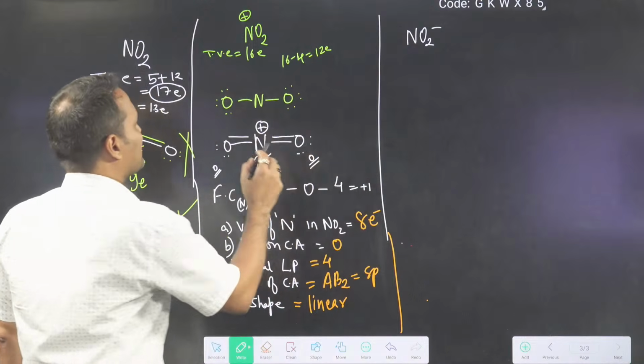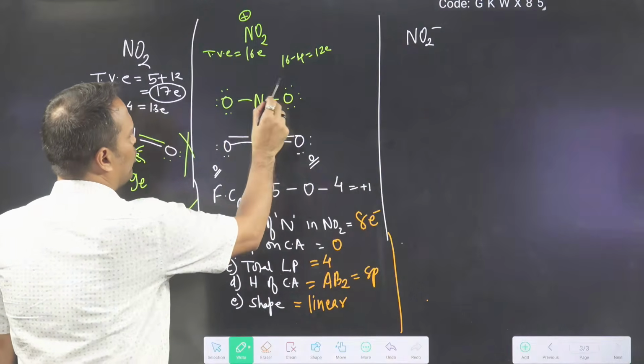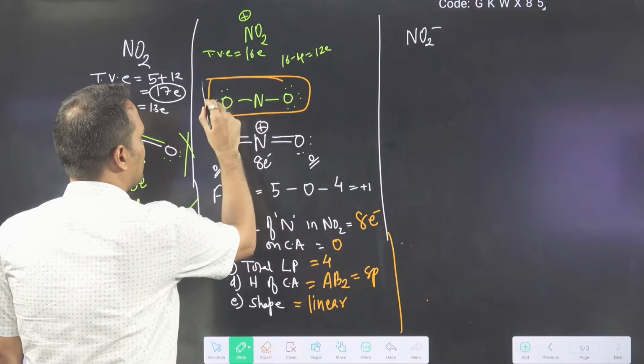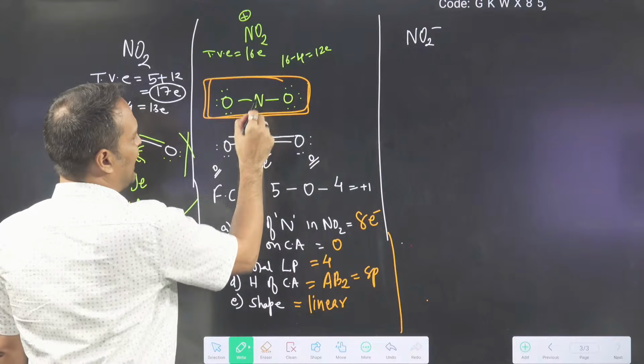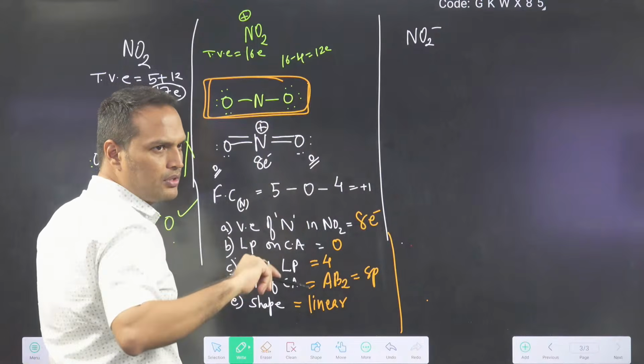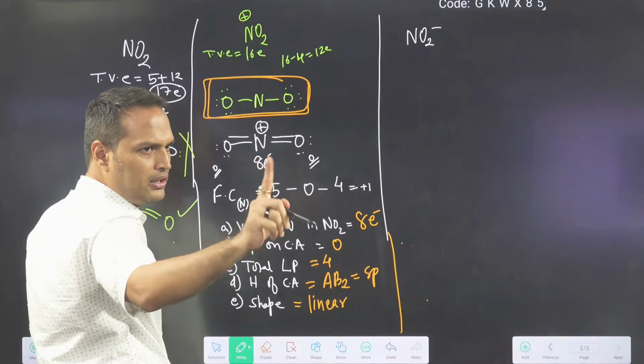Some people are asking, sir, why have you not taken this diagram only? See, what are the problems with this diagram? First point, nitrogen octet not completed. Everyone listen, nitrogen octet not completed.